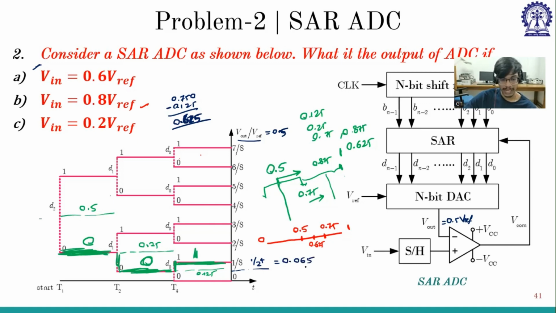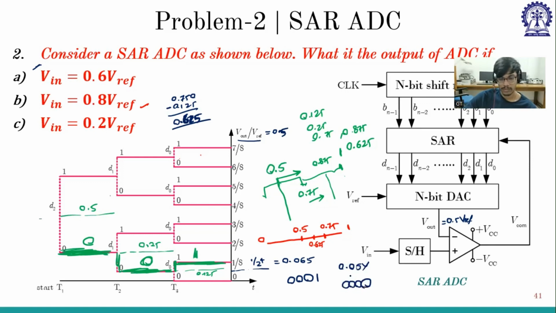So if the voltage is lesser than this, then the output is 0. If the voltage is slightly greater than this, it will be 0001. Say my voltage is 0.05 volts. The output will be zeros.